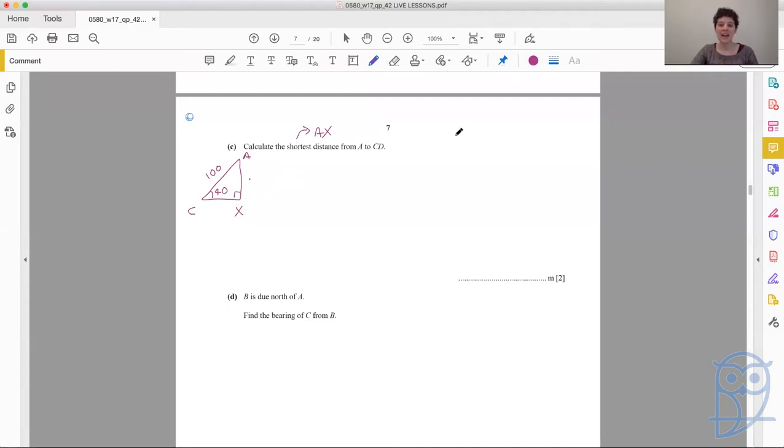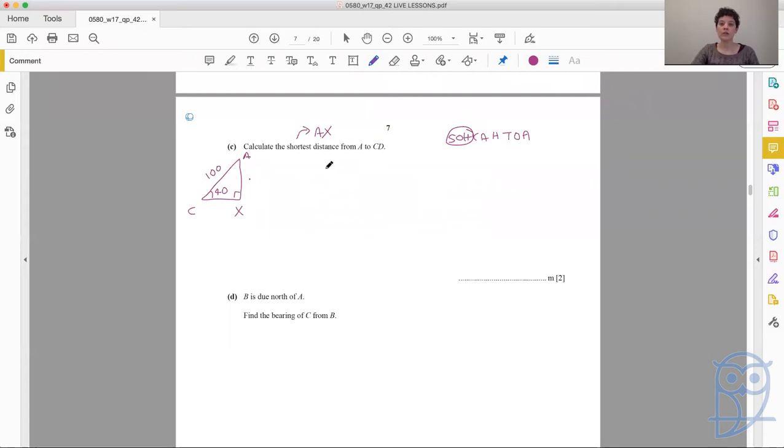We are looking here at SOHCAHTOA. So dealing with our 40, we have the opposite and the hypotenuse. Opposite and hypotenuse takes us to sine.